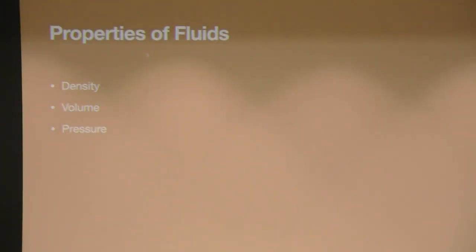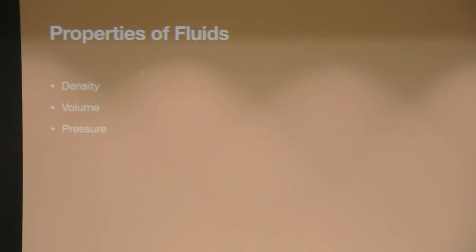Okay, so there are properties of fluids, and we're going to be talking about each of these properties quite a bit. There's density, volume, and pressure. Density is the amount of substance I have per unit measure of whatever my measurement is. I can have a linear density, a line density, which is just mass or whatever per unit length, with units of kilograms per meter.